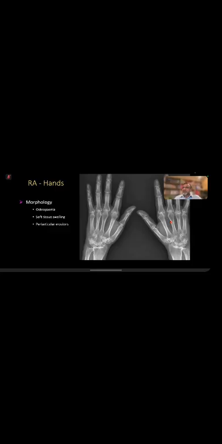Generally, when we see patients with rheumatoid arthritis, we see periarticular osteopenia. Look at how much low density there is around the joints.